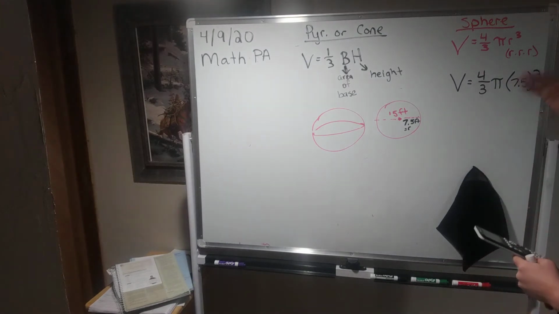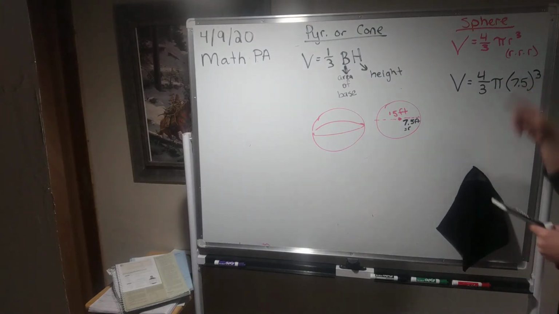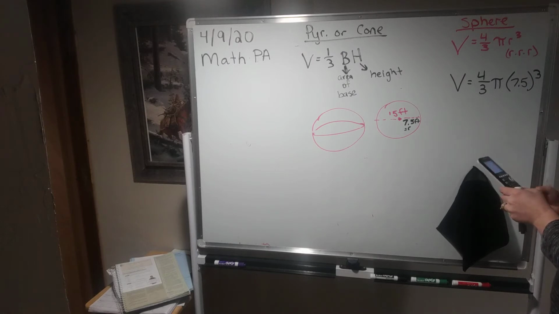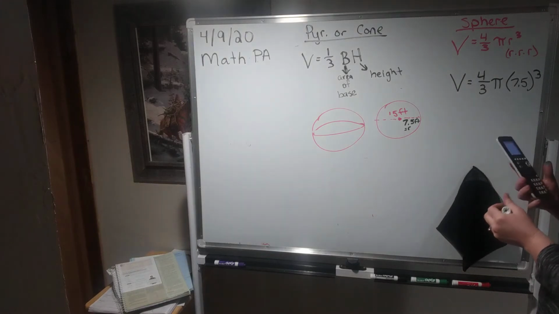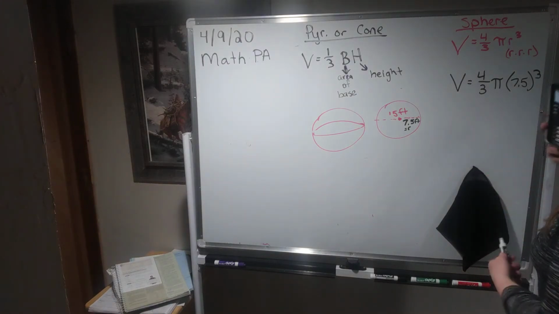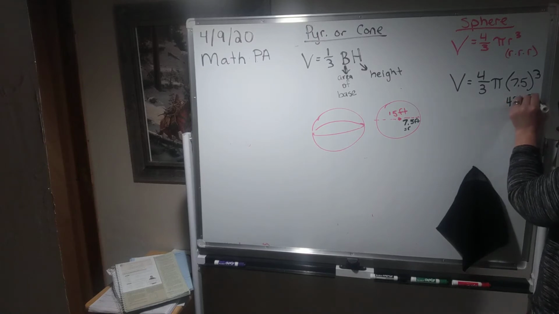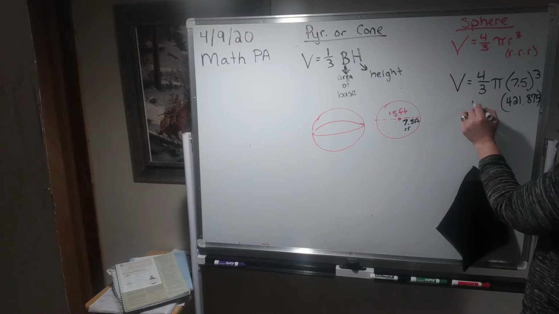Now we have to think about order of operations. We need to do our exponent first here. So let's do 7.5 times 7.5 times 7.5, and we get 421.875.